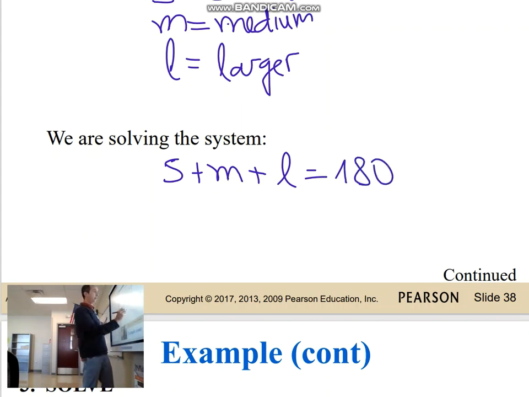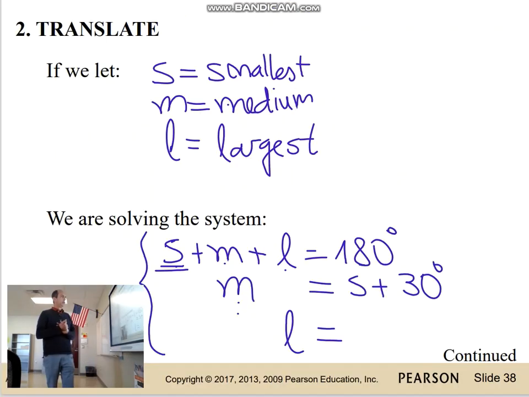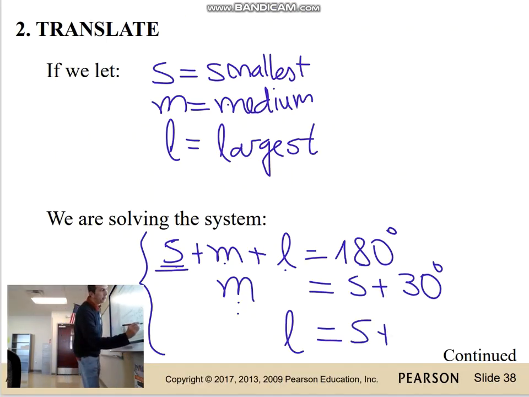By the question, we know that the median angle is the smallest plus 30, and the largest angle is S plus 90 degrees.